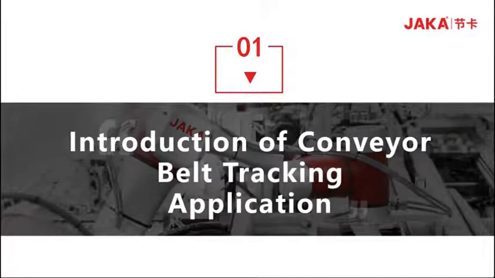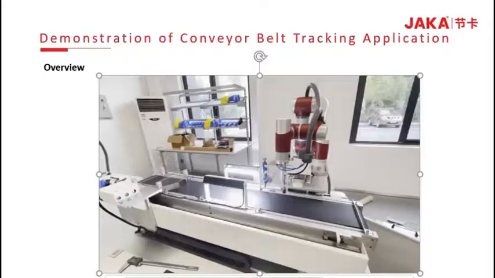Introduction of conveyor belt tracking application. This video is an overview of the application. The robot is tracking and gluing the product. Then, it takes the product out.